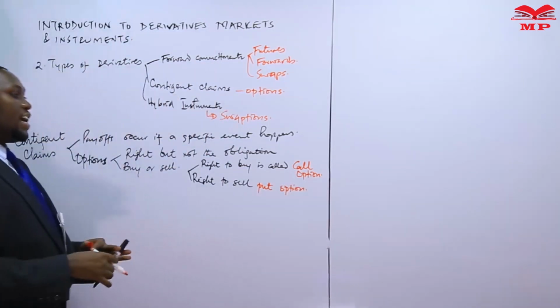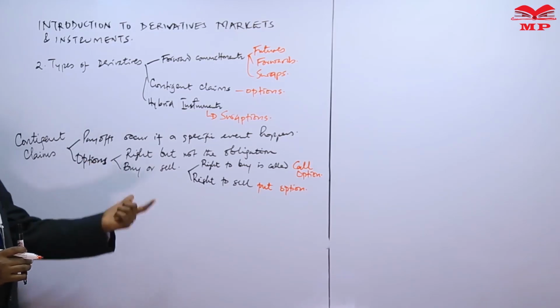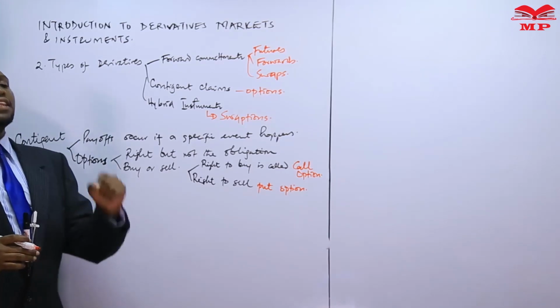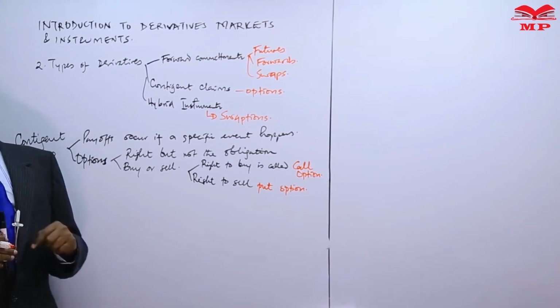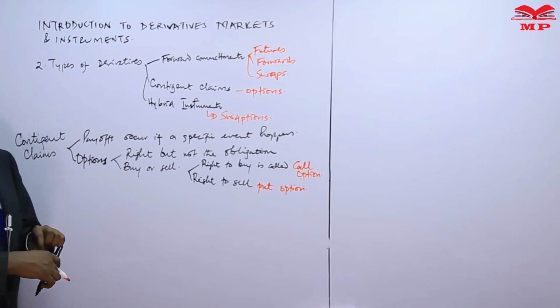So we are saying the call option gives the holder the right to buy a financial asset at a future date with a price agreed upon today, for a specific time.